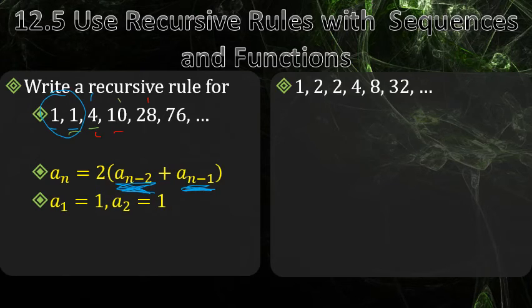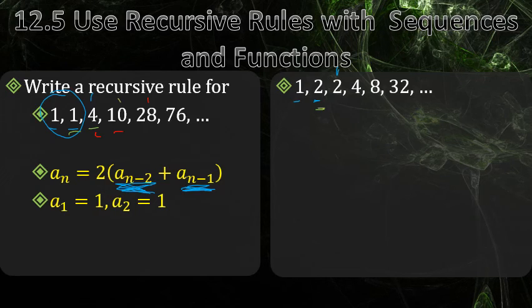Let's try another one. If it was arithmetic, I'd be adding 1, but then I don't add anything, so it didn't work. If it's geometric, it'd be times 2, but it's not times by 2, so it's something else. How about, what is 1 times 2? 2.